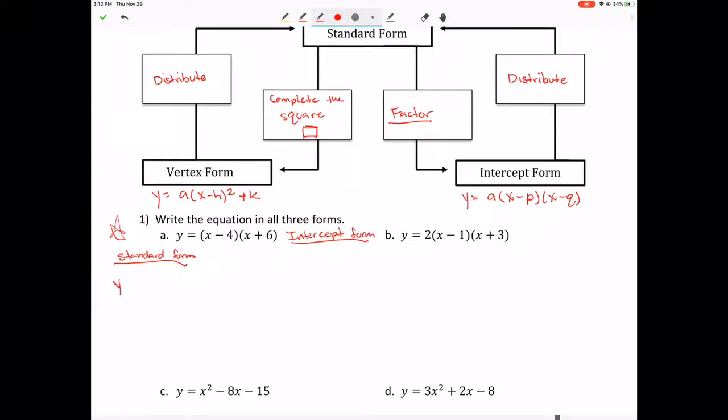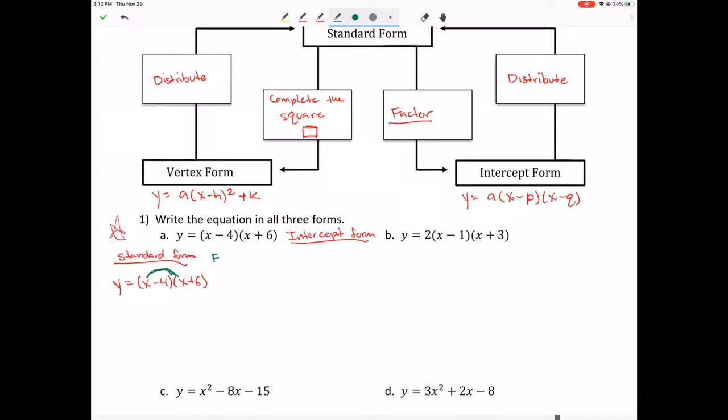So I'll rewrite this equation here, y equals. Okay, so distributing, you can use foiling or you can use the box method or whichever method that you would prefer. Okay, so I'm going to do FOIL. So FOIL, the F of FOIL stands for the first 2 terms, the first term in each of these binomials.